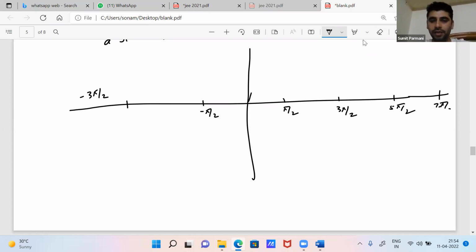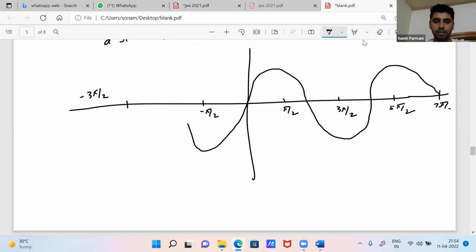Okay, so the graph of sine will go like this. Pi by 2, so we go like this.